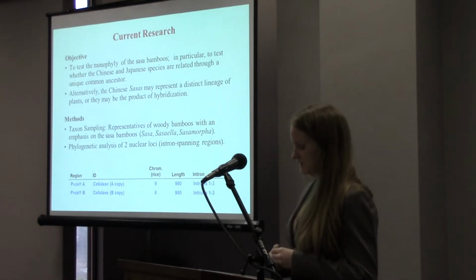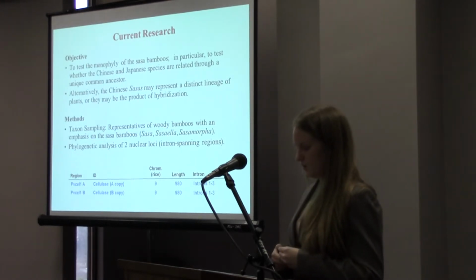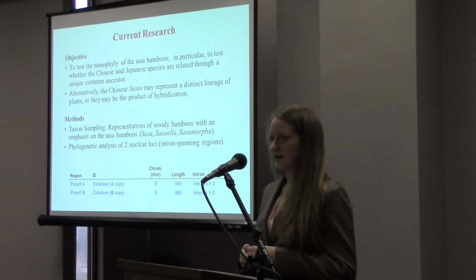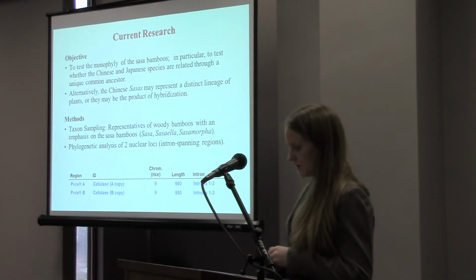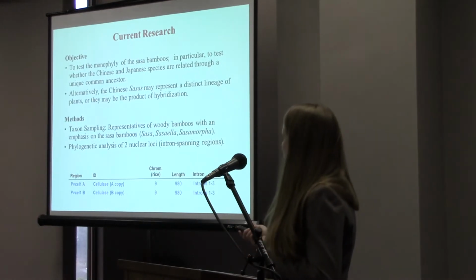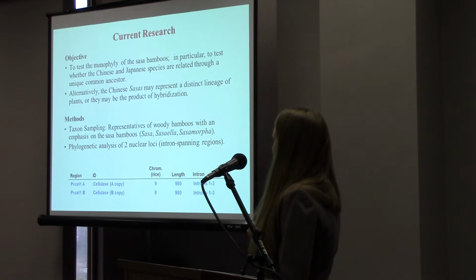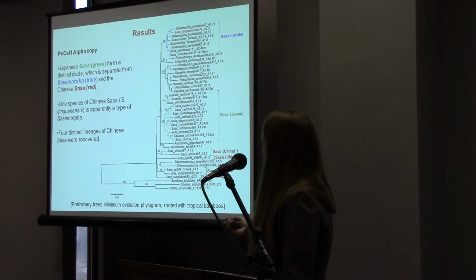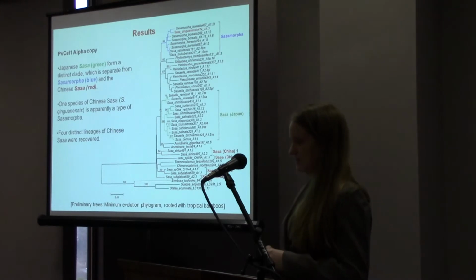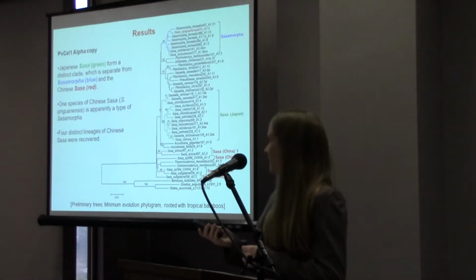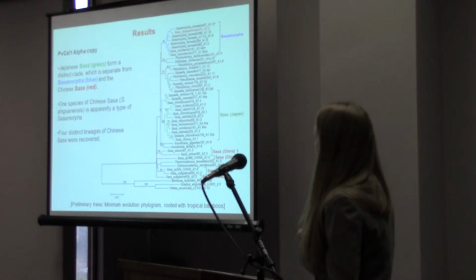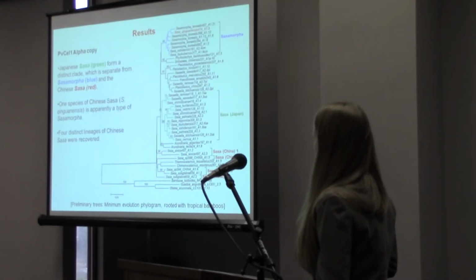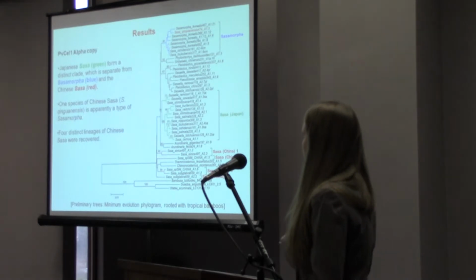Methods included taxon sampling from representatives of woody bamboos with an emphasis on the Sasa bamboos, including Sasa, Sasaella, and Sasamorpha. We also did a phylogenetic analysis of 2 nuclear loci, PVCEL1A and PVCEL1B. Basically, we took the genetic information and aligned it, and through MEGA we created trees to show the evolutionary history of the Sasas.